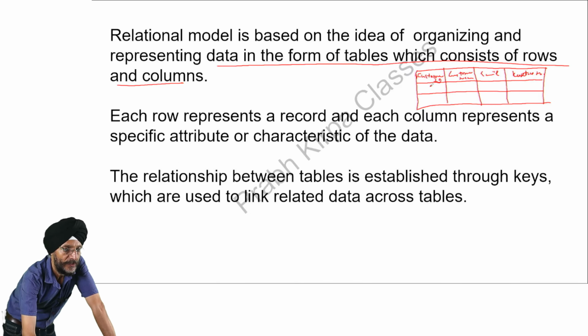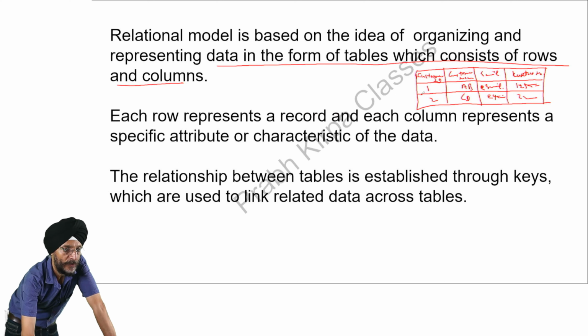So in each row, this is A, B the customer name, C, D. This is the email ID of Gmail. Here it may be Ymail. Here these are the contact numbers.